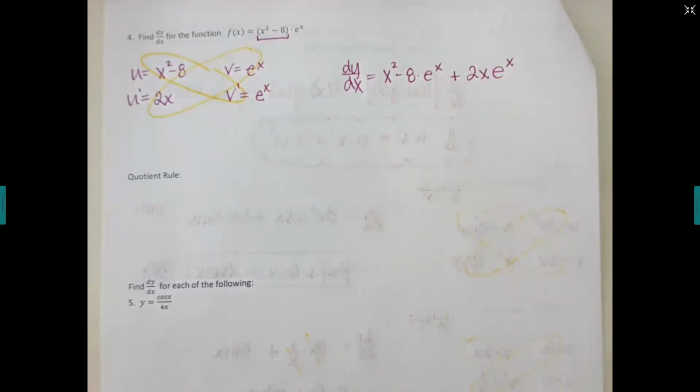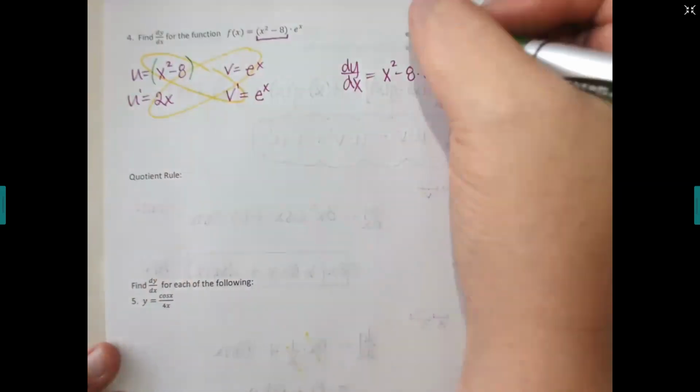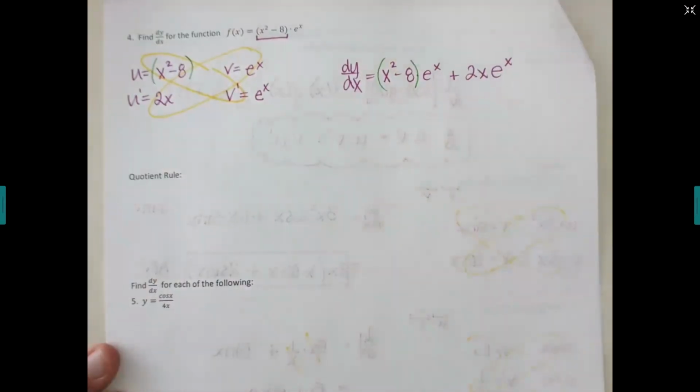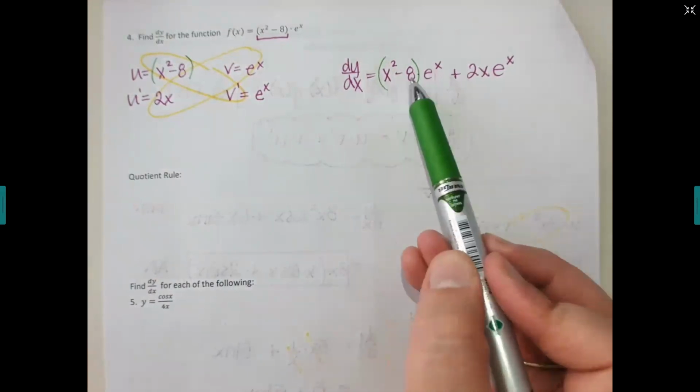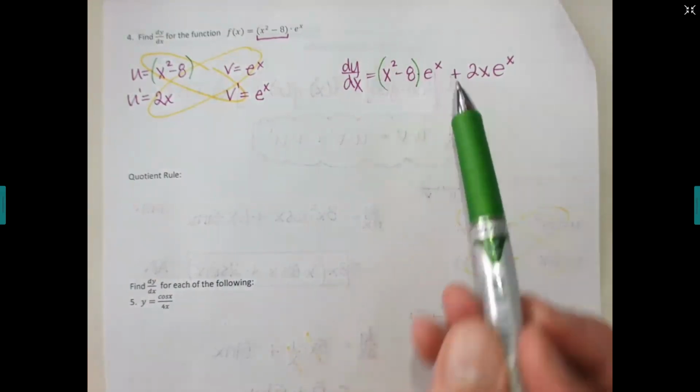If any of your terms have more than one piece to them, like for example here, this is an x squared minus 8. The way I have this written, only the 8 is multiplied with the e to the x. So to fix that, if you ever have more than one term, you need to just put parentheses around it. So for example, here, this is an x squared minus 8, which means I need an (x squared minus 8). But you have to group it to show that this whole thing is times by that instead.